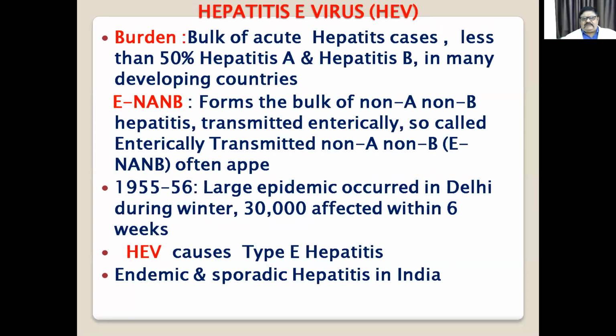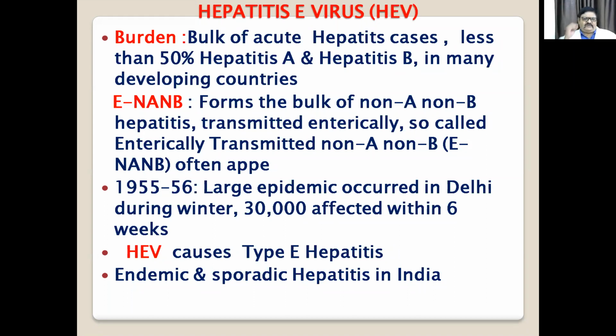Now that brings us to the penultimate part, that is HEV. Hepatitis E virus forms the bulk of acute hepatitis cases, up to 50% of hepatitis A and B in many developing countries. It forms the bulk of non-A, non-B hepatitis, transmitted enterically, so-called enterically transmitted non-A, non-B.